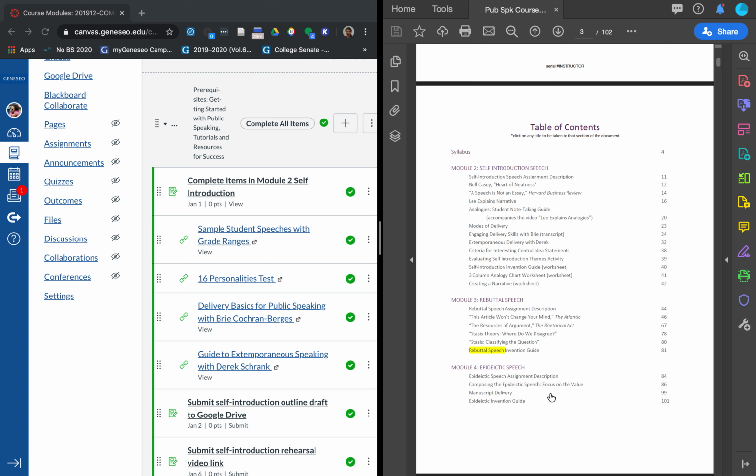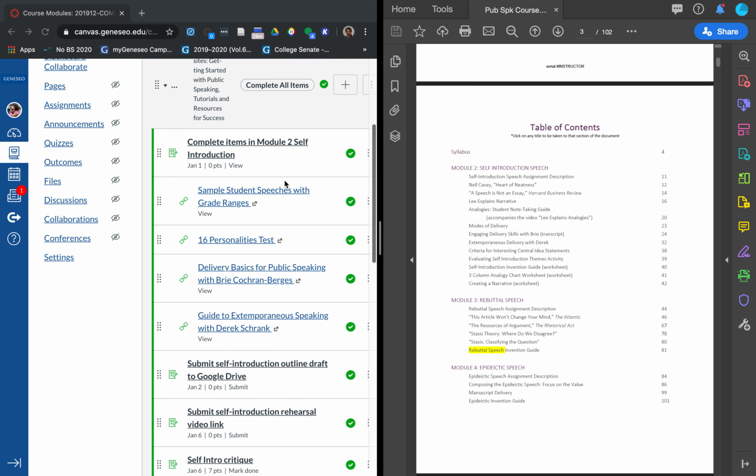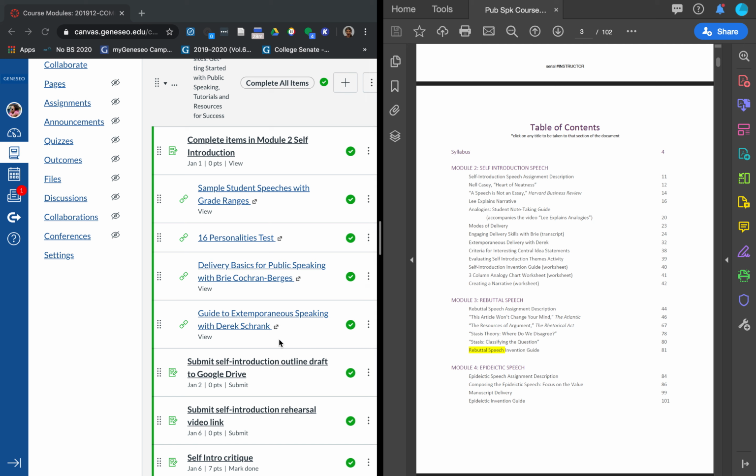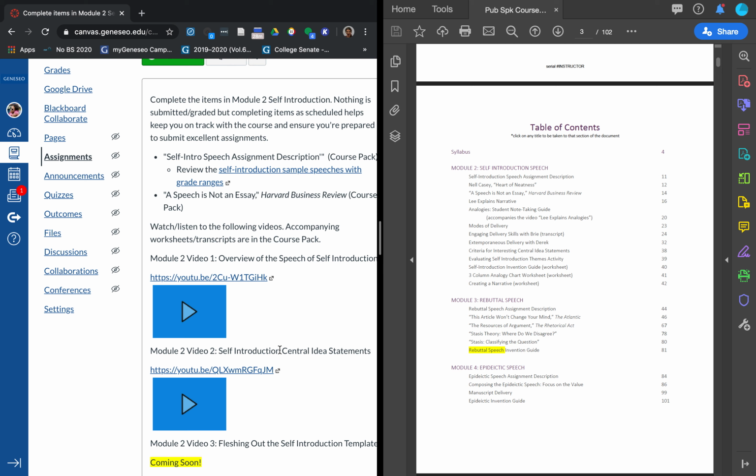In front of me, I've got the course module. Over here is module 2 that we're looking at, and this is the list of the different homework assignments that are going to lead you to being able to finish the speech. Over here, I have the course pack, and you'll see that module 2 has a whole bunch of different worksheets. Within module 2, in the complete items in the self-introduction, there are a series of videos to look at, one of which is going to be this one once I finish it.